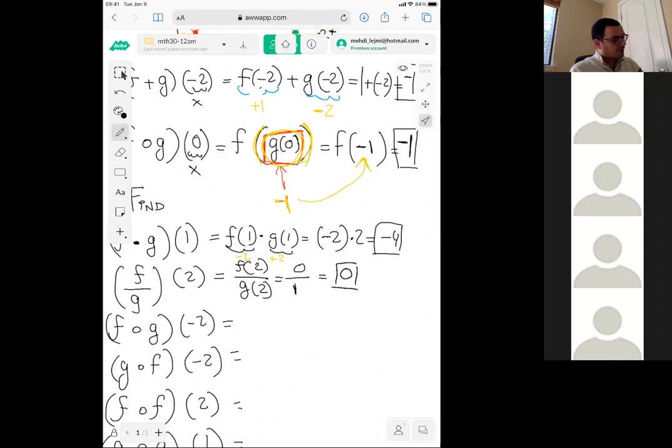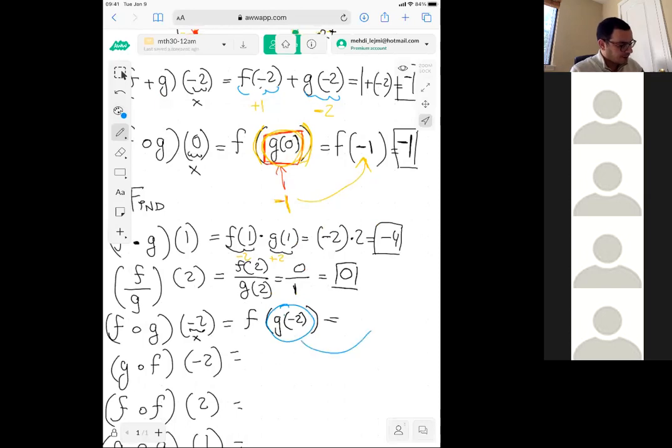Remember, guys, if you have 0 in the top, then the answer is 0. If you have 0 in the bottom, then it's undefined. Next, this is now a composition. It's not multiplication, it's composition. So it's f first, then between parentheses we have g of -2.